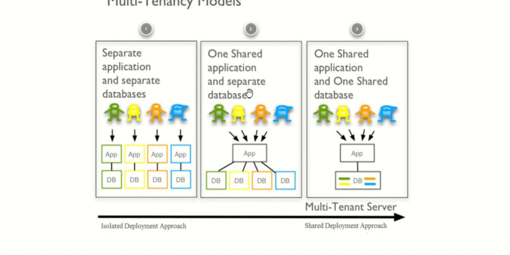Then comes one shared application and separate databases. In this model, there will be only one instance of the application, but it will have client specific databases. So if I'm working with a Coca-Cola instance for the time being, and I switch my tenant from a drop down or from a tile to Pepsi, then immediately the application will load the Pepsi related application instance.